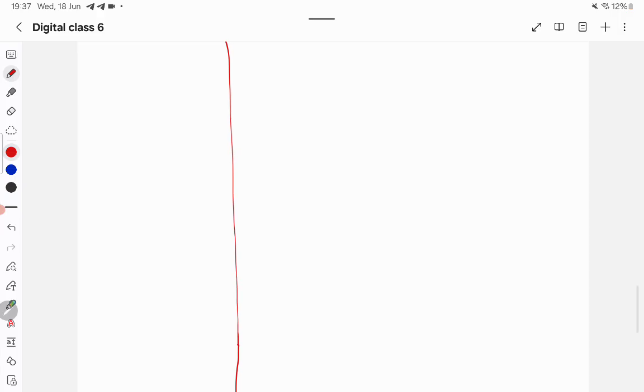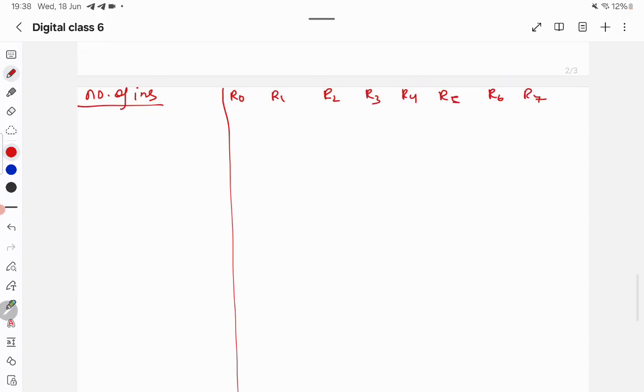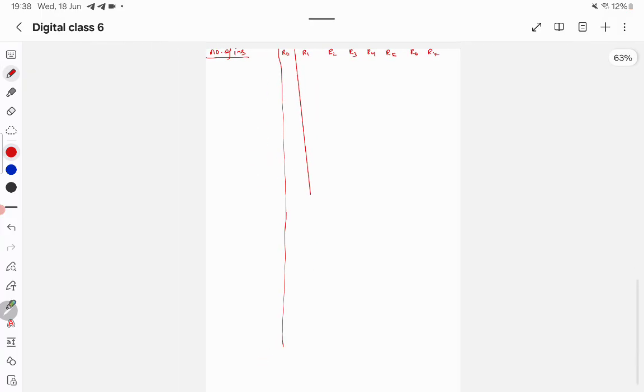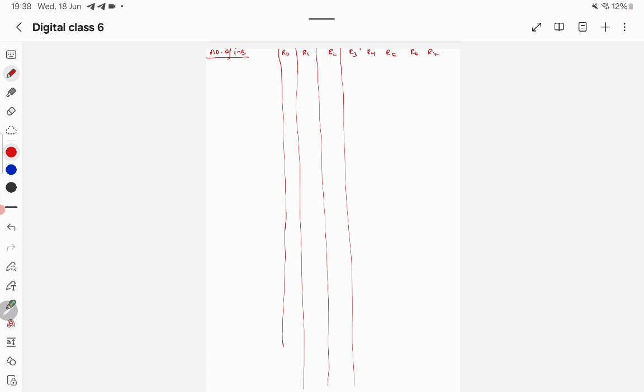So 7 registers, you will write up to here. Then you will start drawing the lines. Okay, now it is better. I can draw the lines. Make the sections like this.